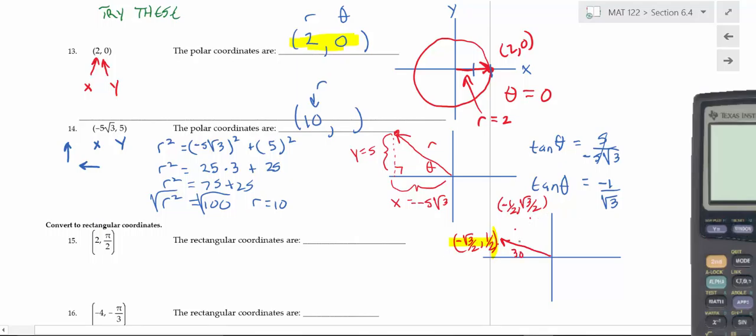Notice that if you take y over x here, you would have 1/2 over negative square root of 3 over 2. That would cross out, and that would leave you this. So that's a 30-degree reference angle. What we have is this, and then you need to give this angle, which would be 150 degrees. And if you want to convert that or look it up on the unit circle, you have 150 pi over 180.